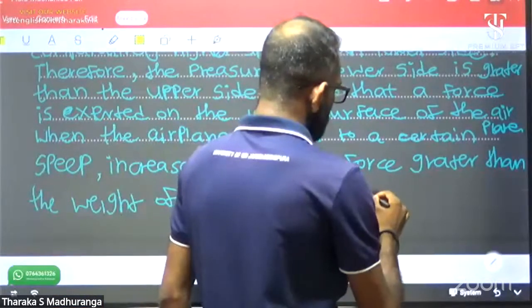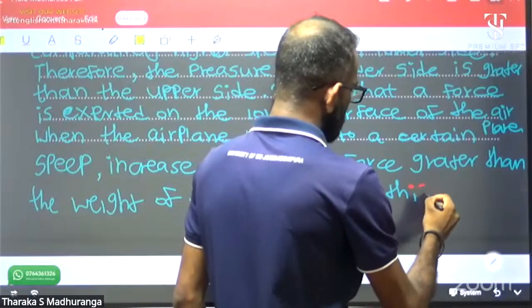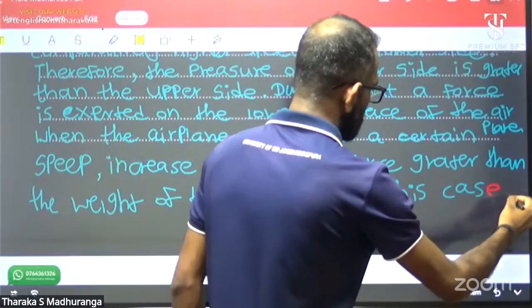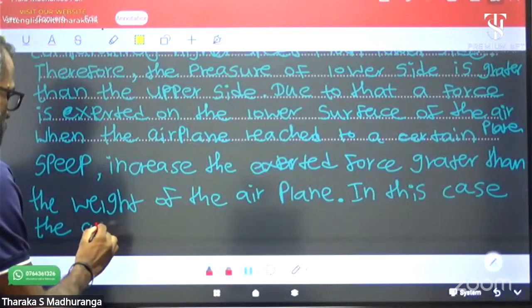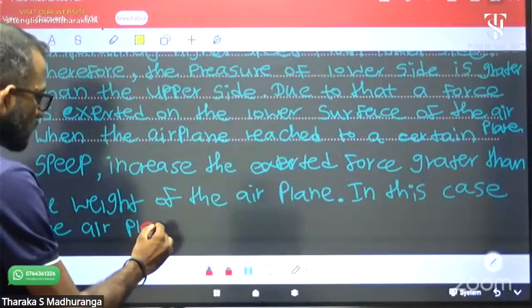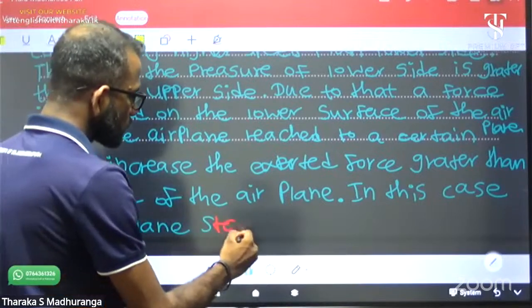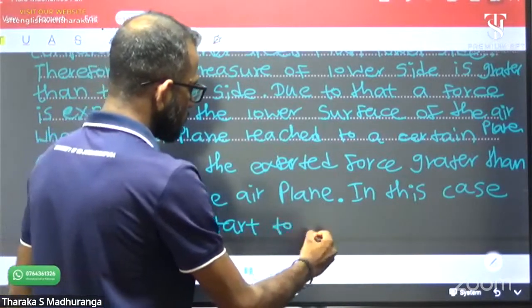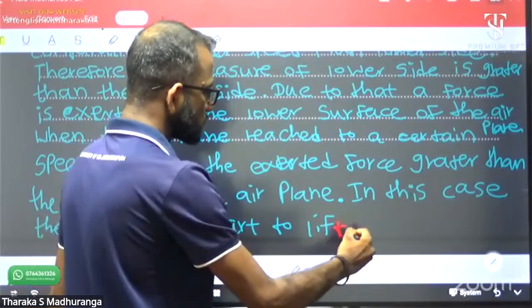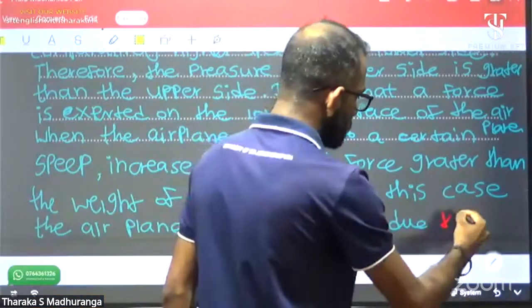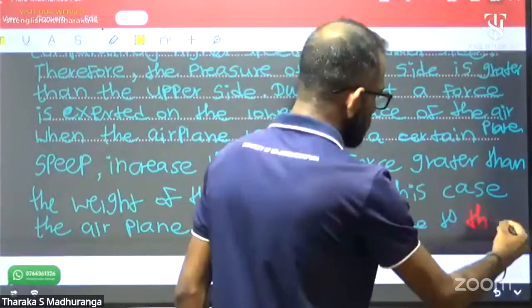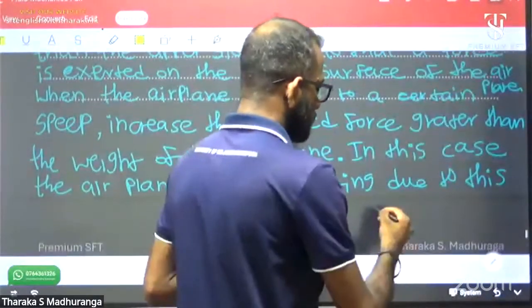In this case, the airplane starts lifting due to this resultant force.